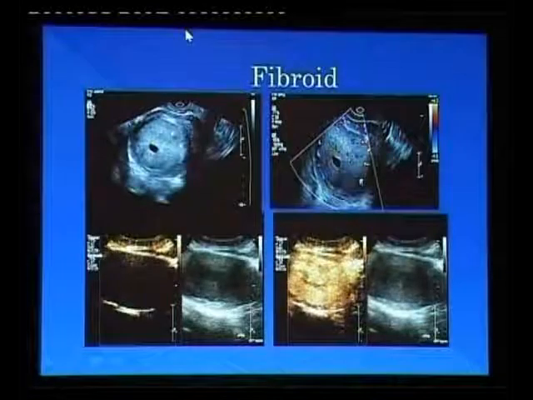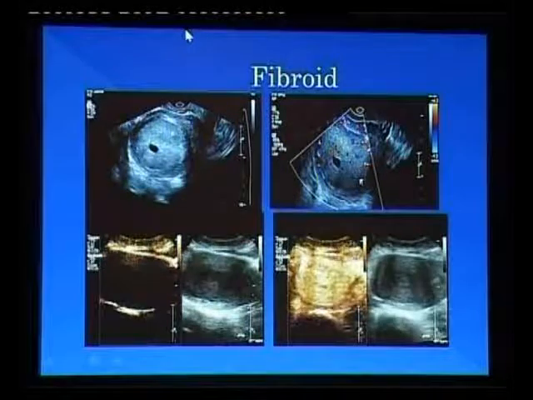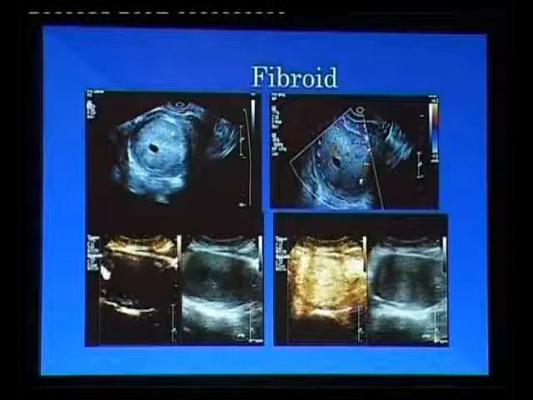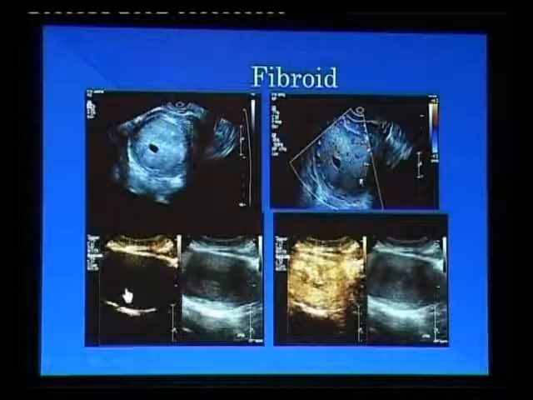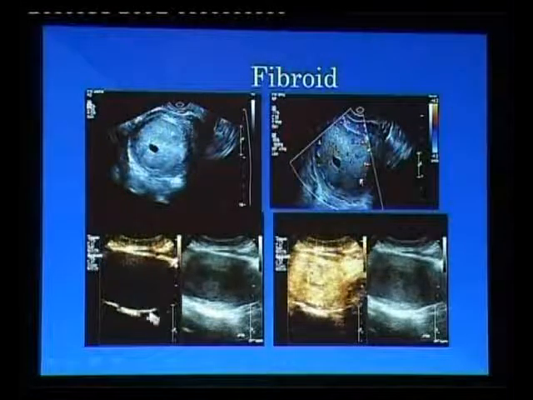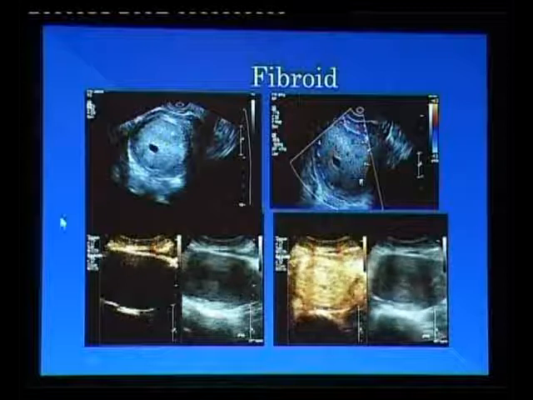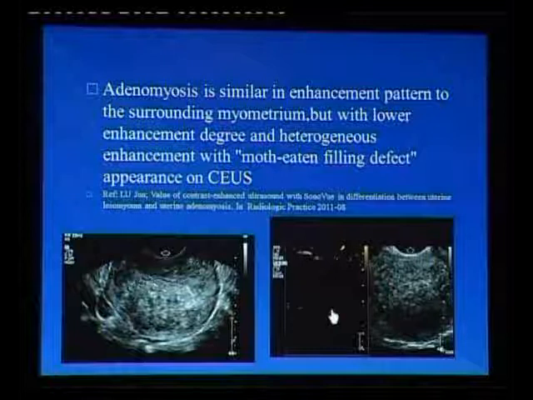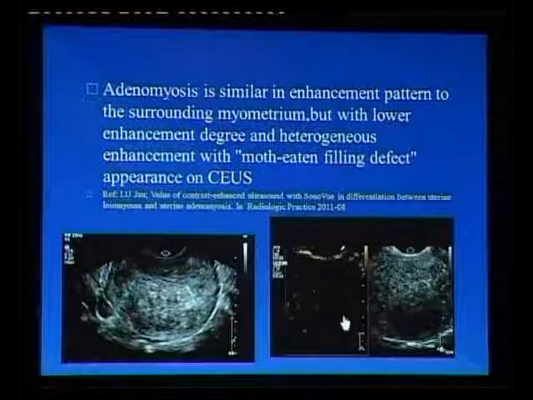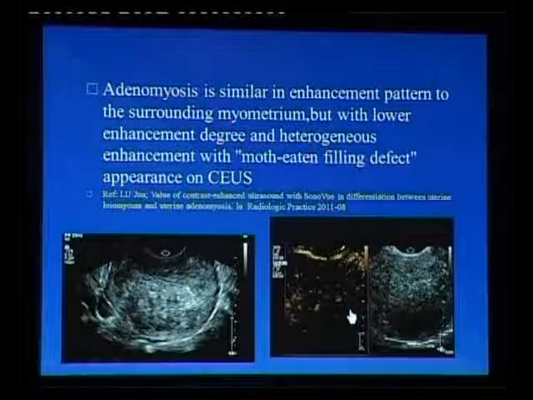The other thing is that fibroids take time to fill up. Typically we see enhancement in the periphery, and then a gradual enhancement coming from the periphery to the center, and the time it takes is much more as compared to adenomyosis. In adenomyosis, they fill up very fast, and as we said, the vessels are random and scattered, and come from within the tumor.